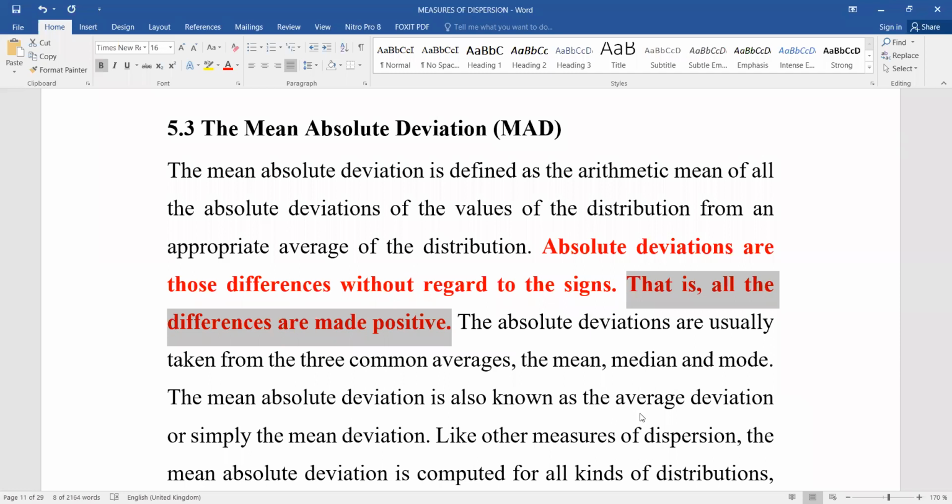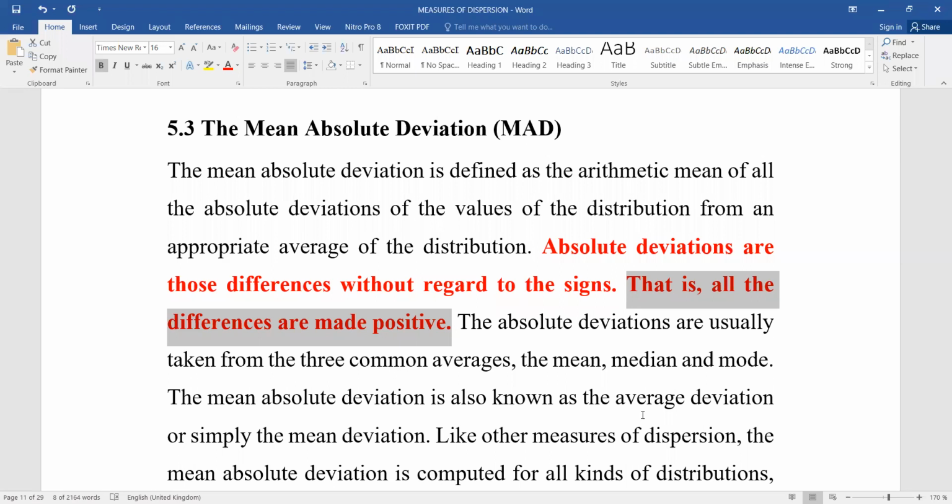An example, the mean absolute deviation of a simple frequency distribution, the table below.